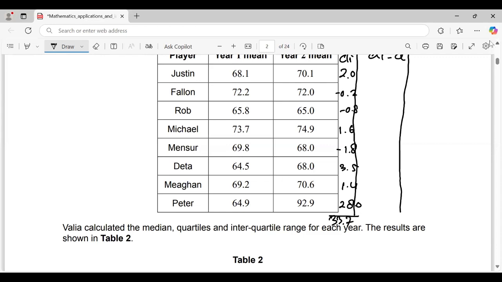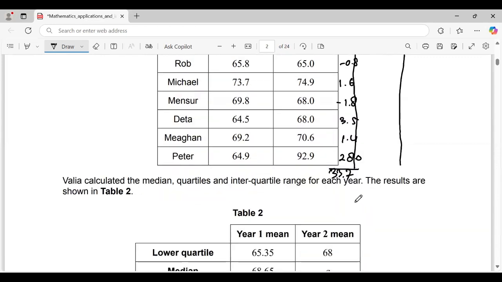So the mean of D, if you divide by 8, this number is 4.2125.